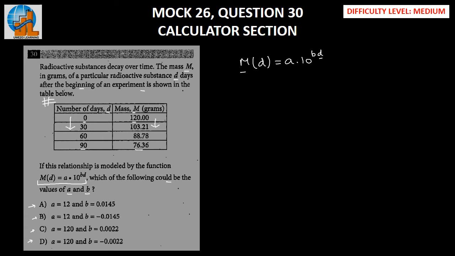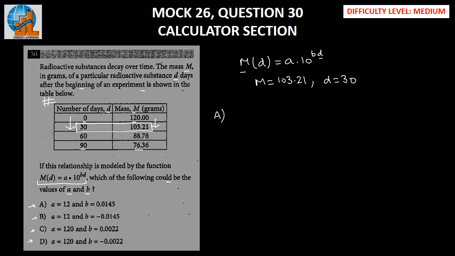So let's take this option here. When the number of days is 30, m is 103.21 when d is 30. So let's go through all the options here. Let's go to option A and find out whether we find the right answer or not.